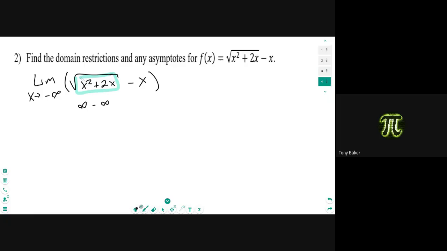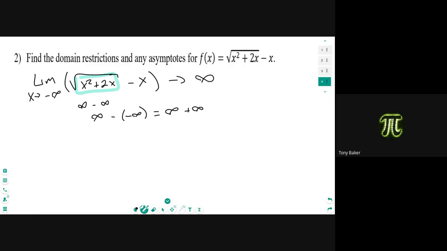If you look at that, which one's getting there first? The x squared is going to be bigger than the 2x. So it is definitely going to get there first. So that one's infinity, and then it's going to be minus a negative infinity, which is really plus. So you have infinity plus infinity. So that goes to infinity.